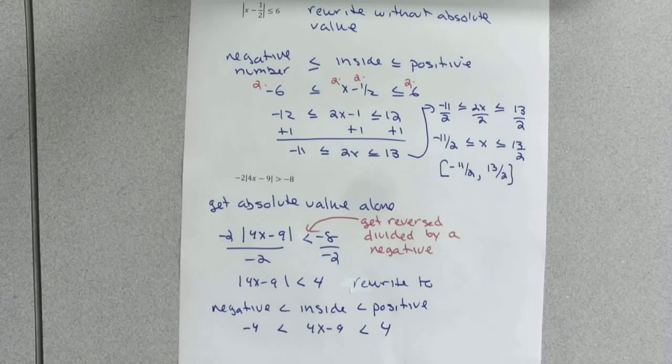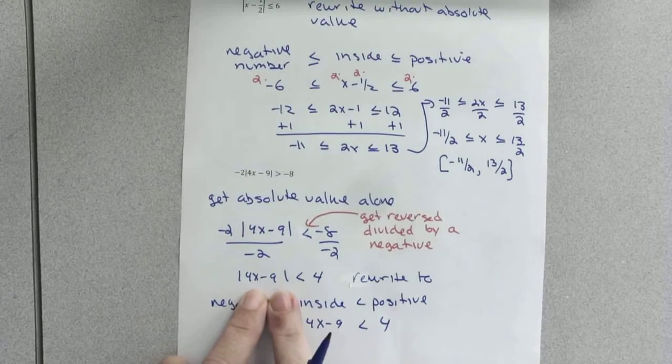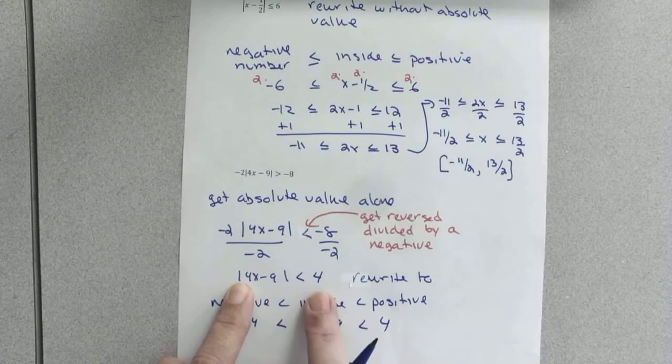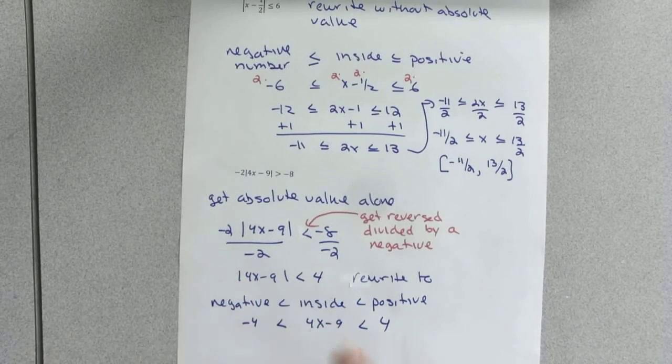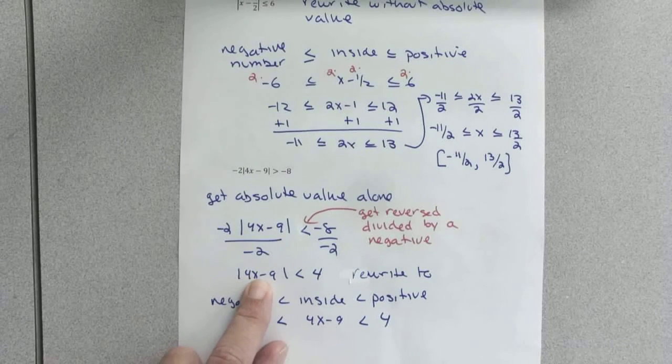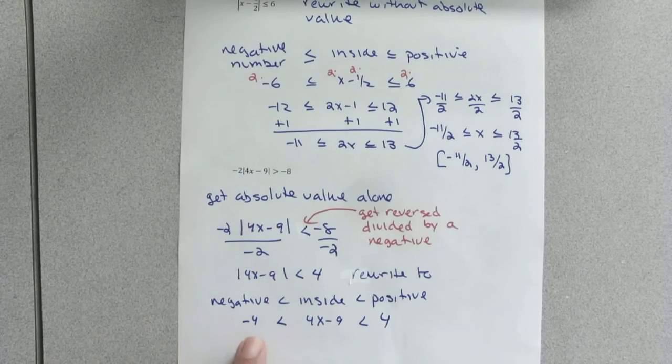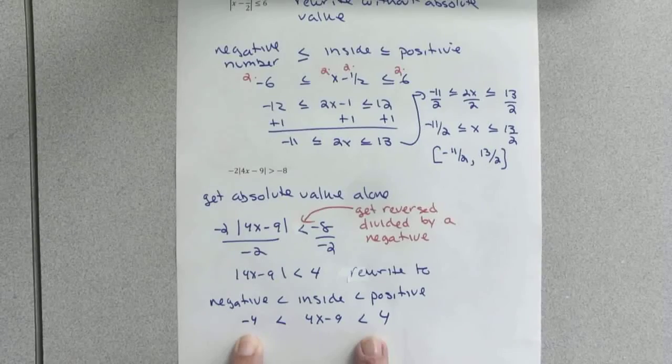Again, if you think back to the number line picture, this is telling me that these numbers have to be trapped between -4 and 4. Absolute value can be thought of as the distance away from 0. You can be away from 0 in 2 directions, up to +4, down to -4. So it's saying these numbers here, 4x minus 9, have to be trapped between -4 and 4.